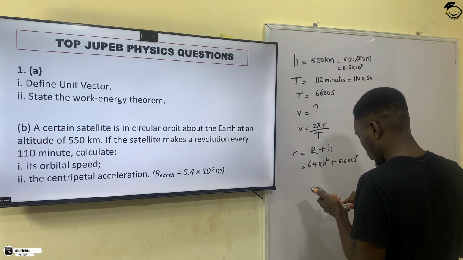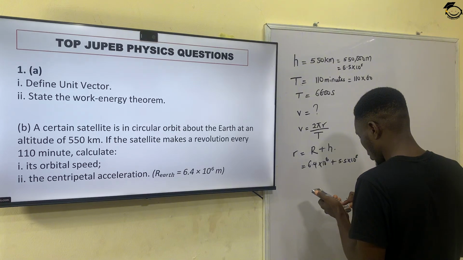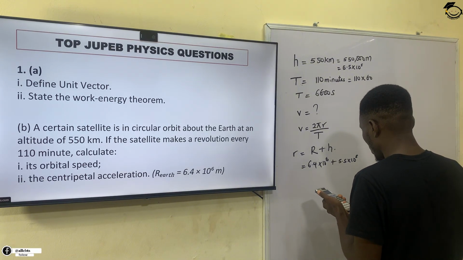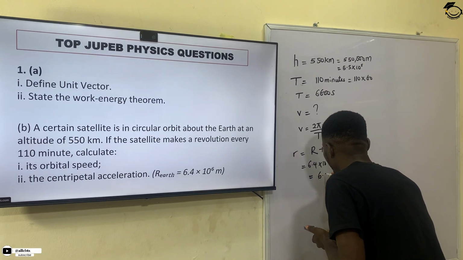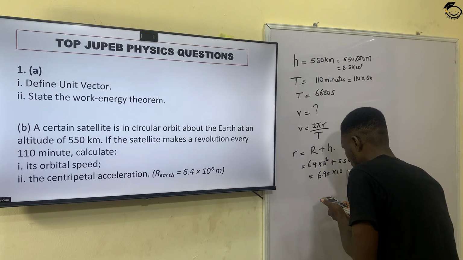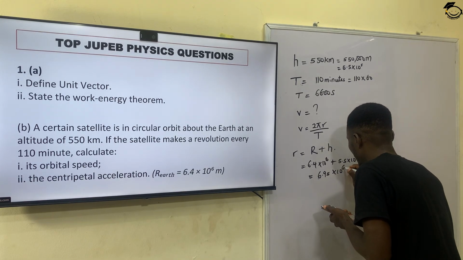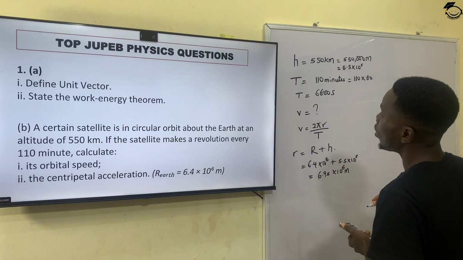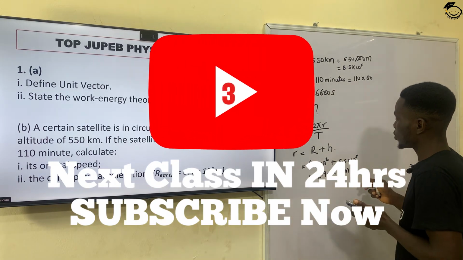At the end of the day, this will give me 6.95 times 10 raised to the power 6 meters. So this is the radius of this particular circular orbit that we're going to be using for this calculation.